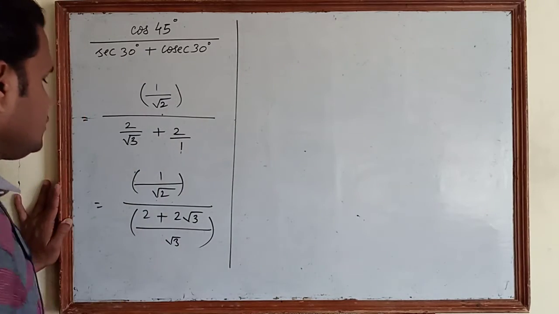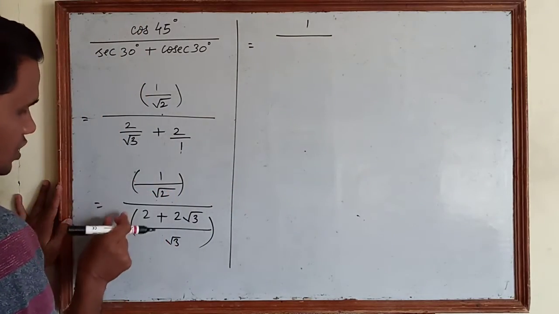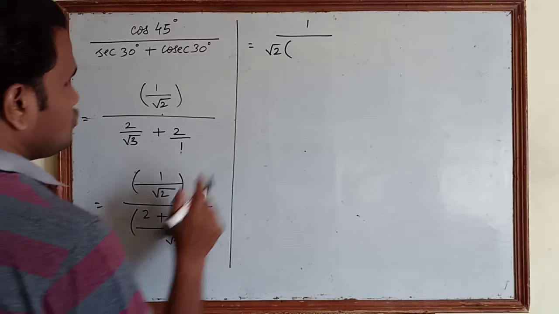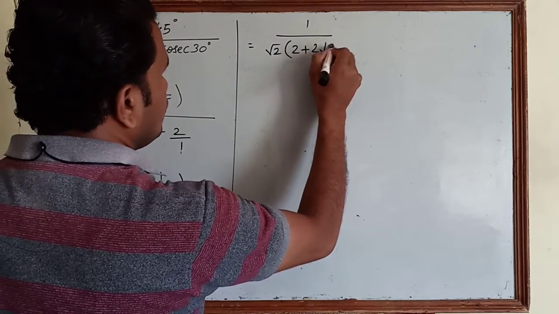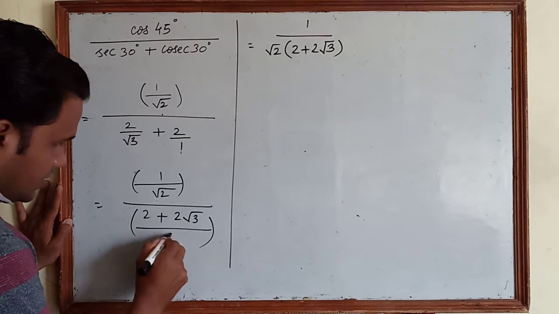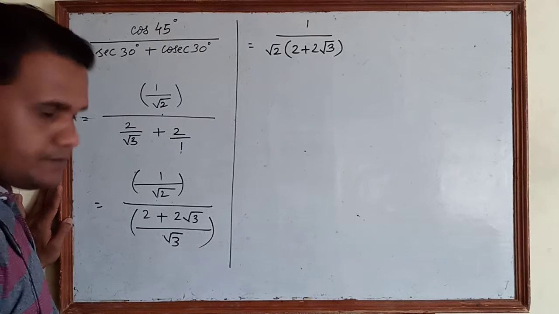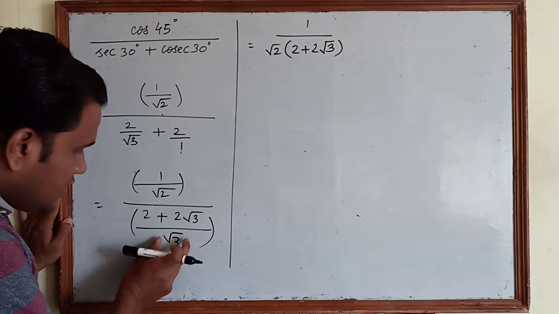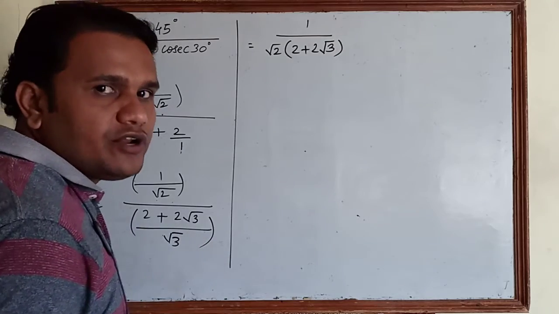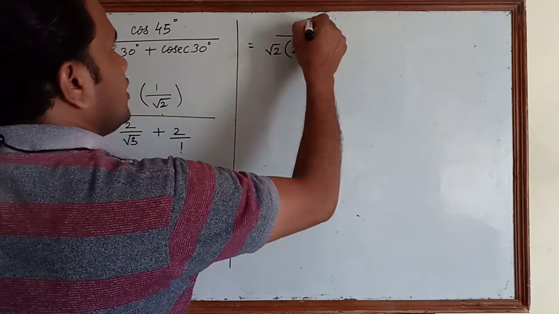Now this is equal to 1 upon root 2, so root 2 comes to the denominator, so it will be root 2 in bracket 2 plus 2 root 3, 2 plus 2 root 3 in this way. And since this root 3 is the denominator of the denominator, it will go to the numerator position.